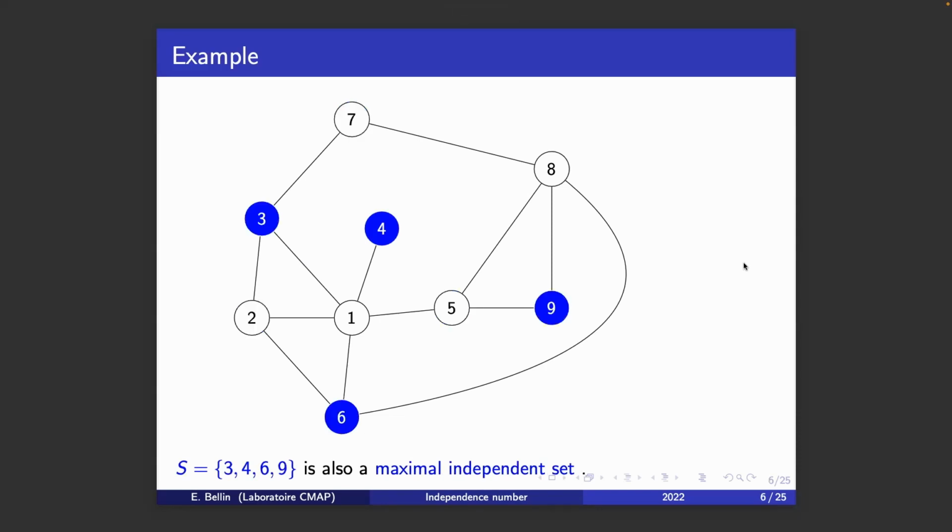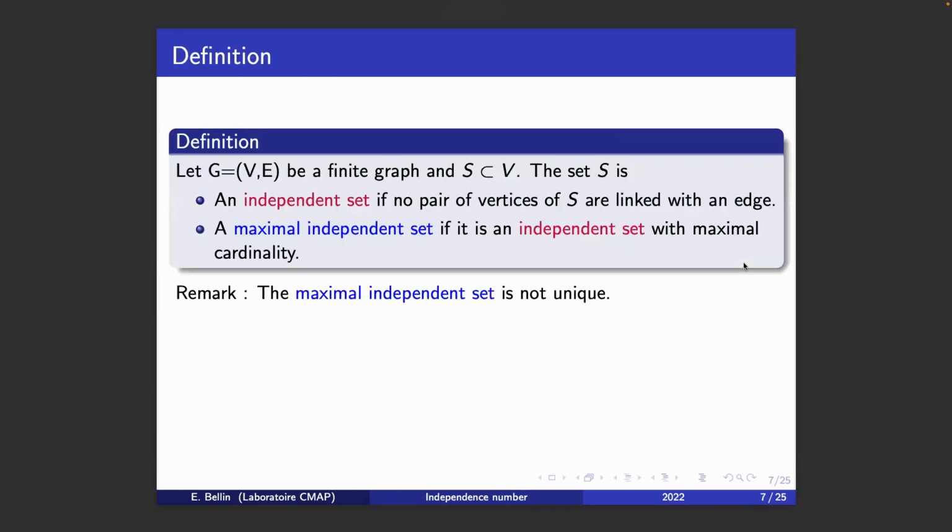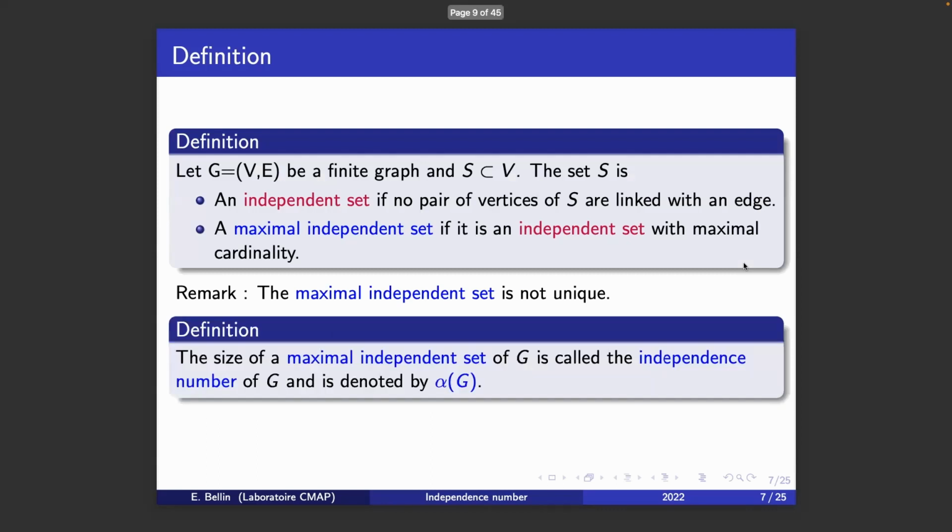We also have, for instance, in this case, 3, 4, 6, 9, which is also a maximal independent set of cardinal 4. Just a quick remark: the maximal independent set has no reason to be unique, as we saw in the last example.